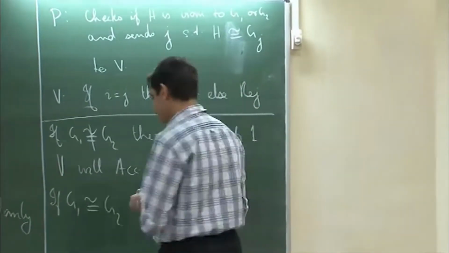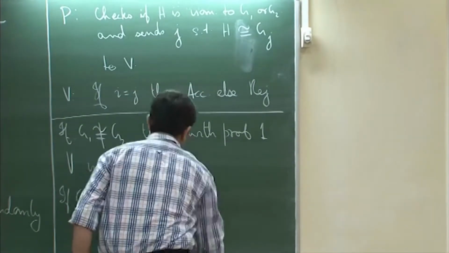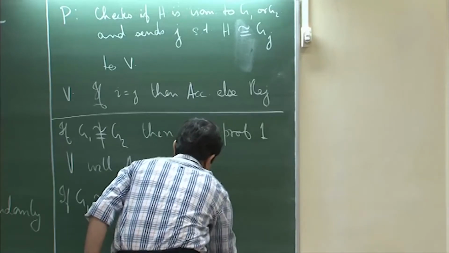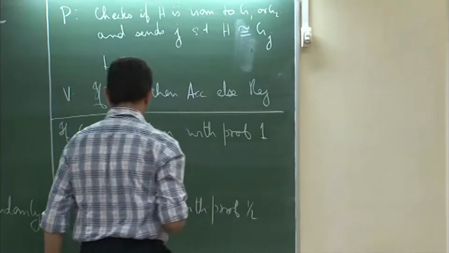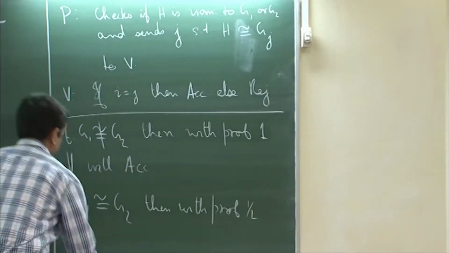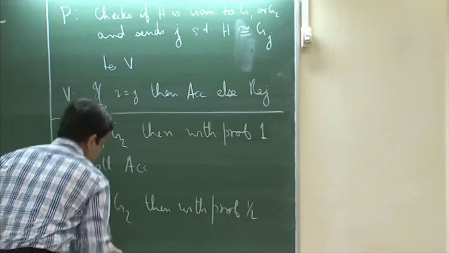So, if G1 is isomorphic to G2, then with probability half, J is not equal to I.